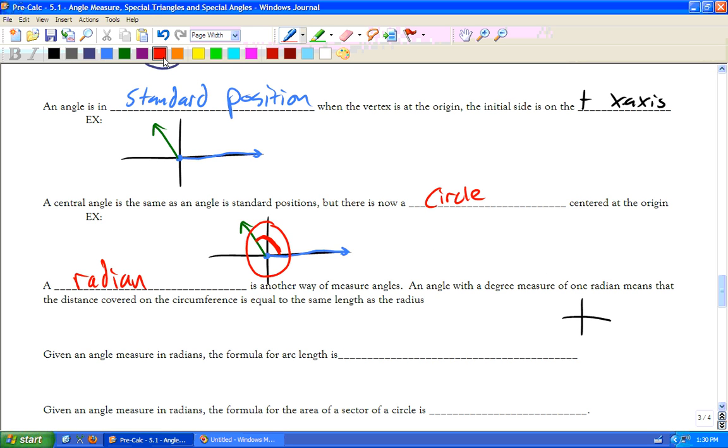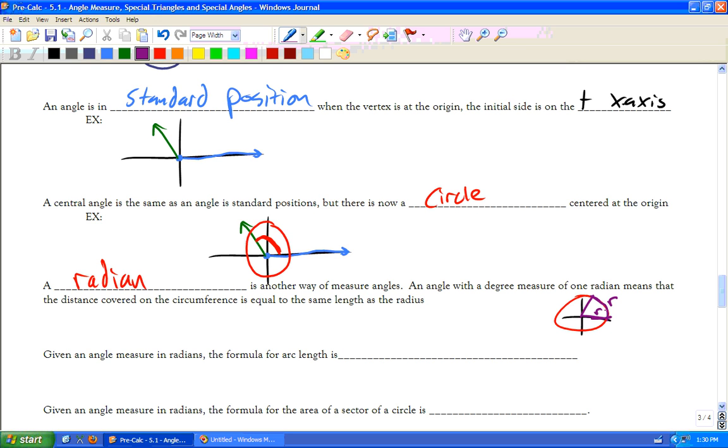A radian is what happens when you start with a circle and you say, here's its radius. This radius, we'll call it r. An angle that is equal to 1 radian is the amount of rotation it takes to travel that same distance r along the circle's circumference.